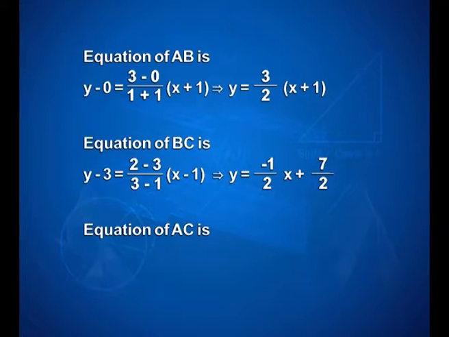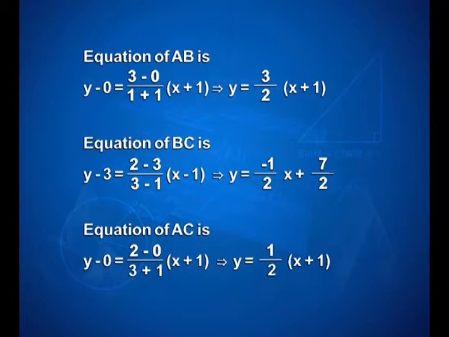Equation of line AC is y minus 0 is equal to 2 minus 0 upon 3 plus 1 into x plus 1, that implies y is equal to 1 upon 2 into x plus 1.